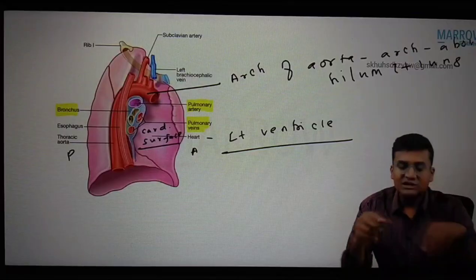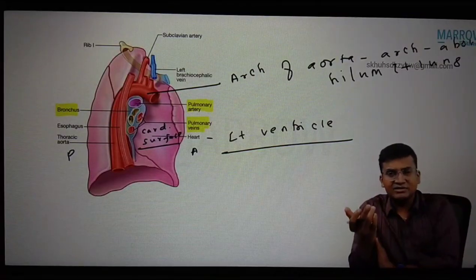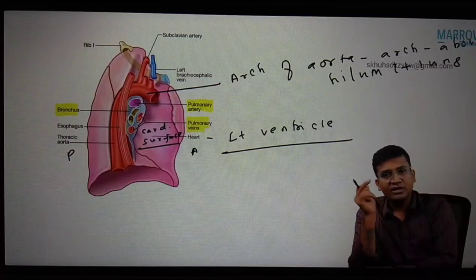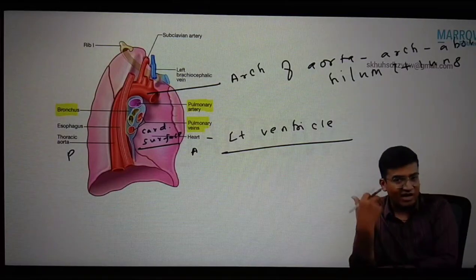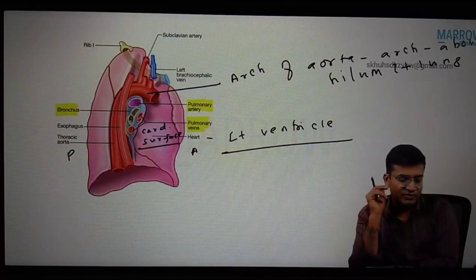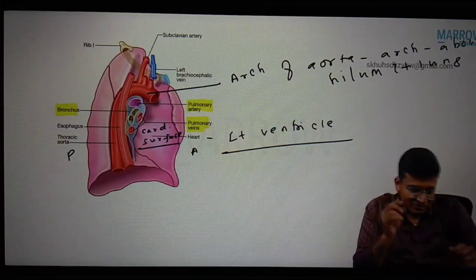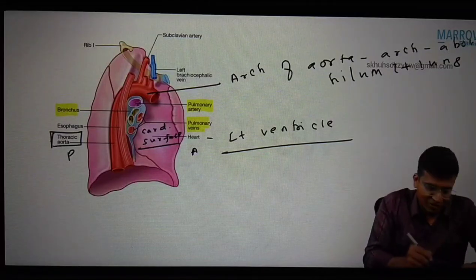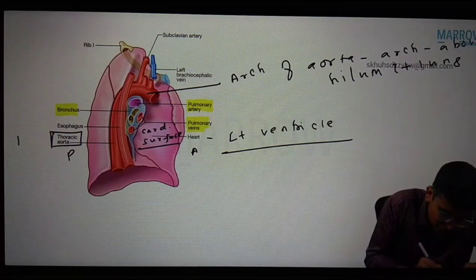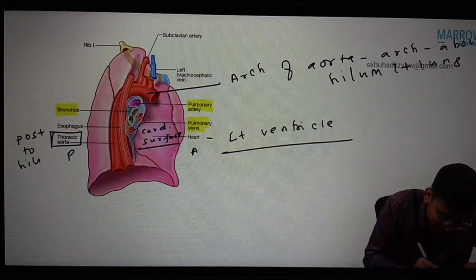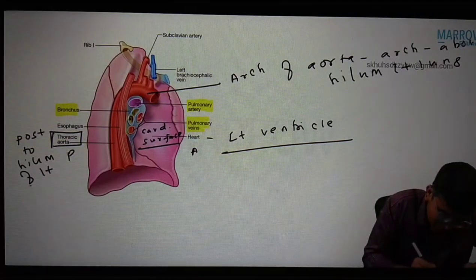This is very important. See, above the hilum of right lung, we have an arch, and that arch is for arch of azygos vein. Above the hilum of left lung, we have an arch, and that arch is for arch of aorta. Very good. Now, behind the hilum, we are seeing the vertical impression for descending thoracic aorta, which is related posterior to the hilum of left lung.